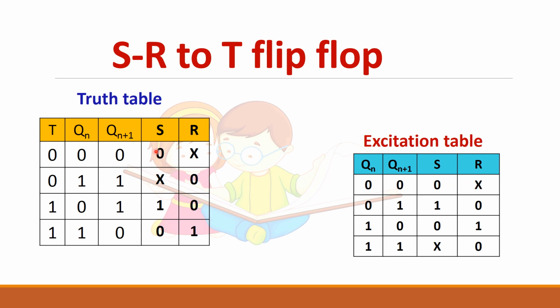So you can put 0x here. Then for 0 1 combination you have 1 0. So mark 1 0 here. Next for 1 1 combination x0 is here. So mark x0 here. Again for 1 0 it should be 0 1. So it should be 0 1 here.